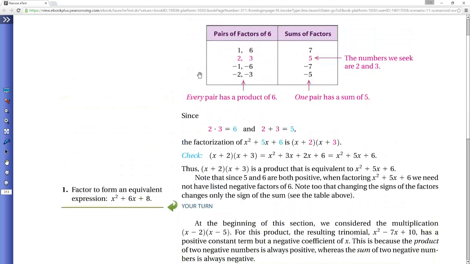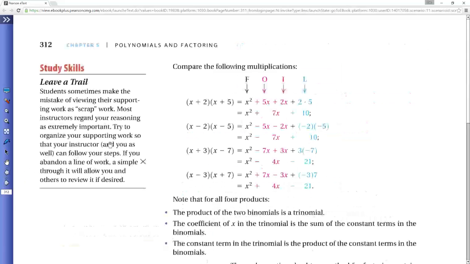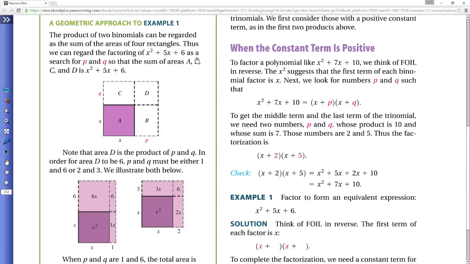Now let's look at this diagram of a rectangle. Again here, this geometric approach to example 1, which is this x squared plus 5x plus 6. As we search for this p and q, the constants in the binomial, well, we know that we're going to have x and x.